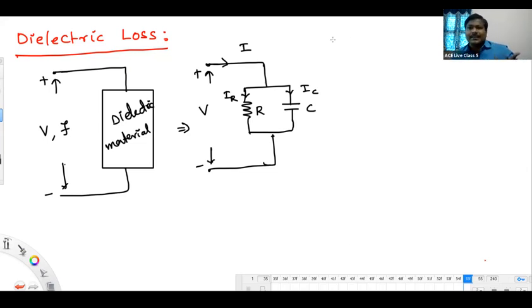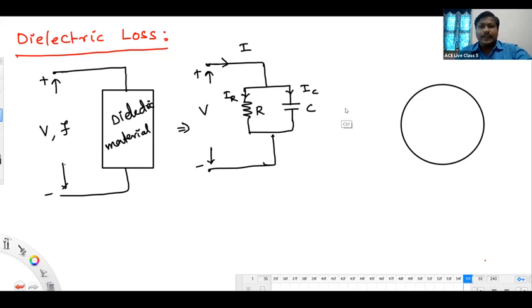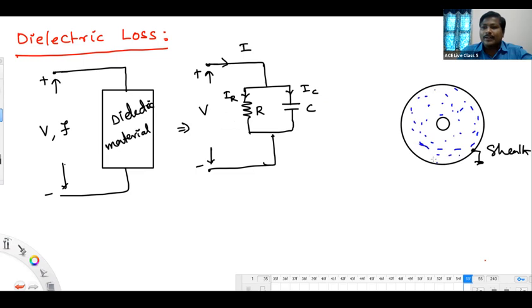So, in such a way, generally, if you look at this single core cable, just observe now. It's a conductor and this is a sheath, which is grounded. And here, this is the dielectric material existing between core and sheath.